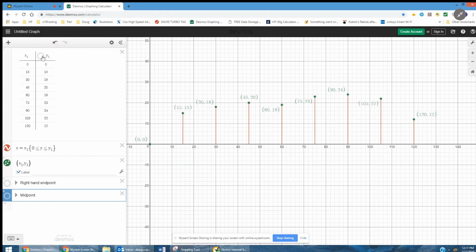And then if I disable this, just to give you an idea of what the trapezoidal rule looks like, if I can get this to work here, you can see that if I connect these dots, I've got 1, 2, 3, 4, 5, 6, 7 trapezoids plus this one triangle right here.